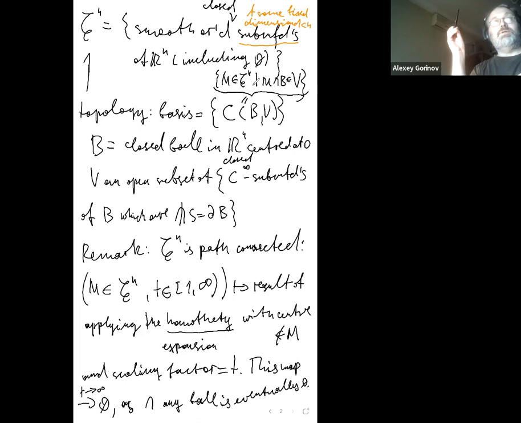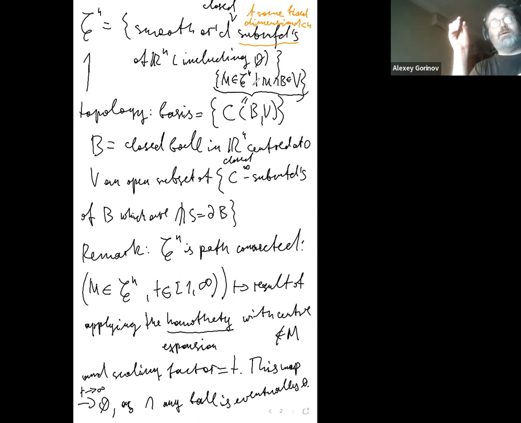V is an open subset of the set of all submanifolds of the ball such that the intersection with the boundary is transversal, and also the boundary is the intersection with the sphere.